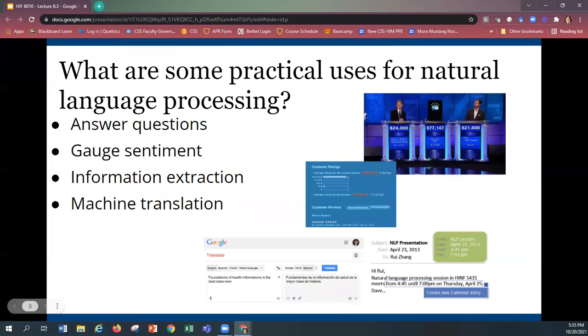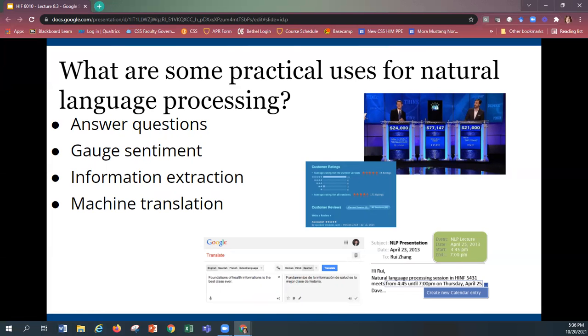So natural language processing can be used to answer questions. A great example of this was IBM Watson winning the Jeopardy tournament in 2011. Another good example is the use of voice commands on your iPhone or Android device. NLP can also be used to evaluate text to do such things as gauge sentiment.